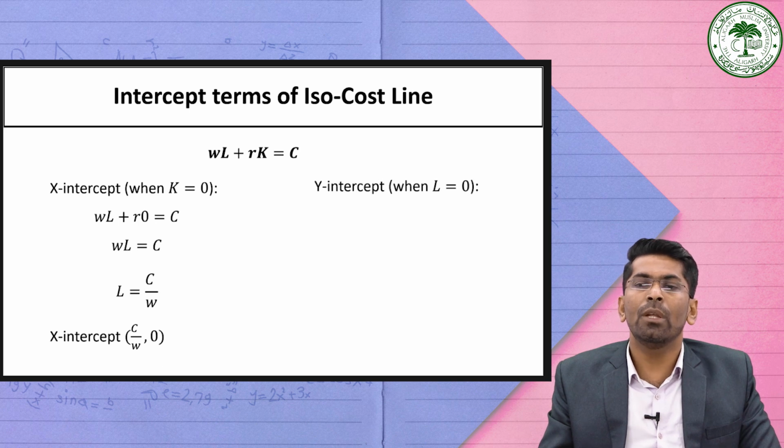Similarly, we can find the y-intercept term by assuming labor is equal to 0.